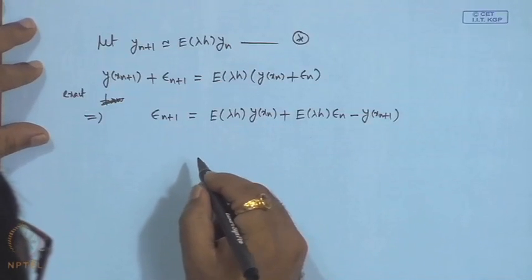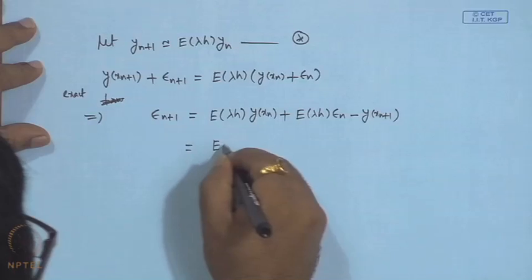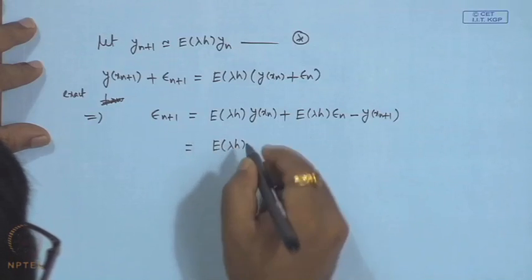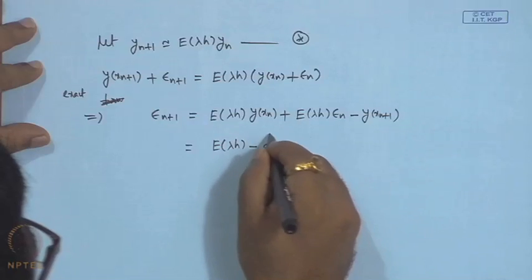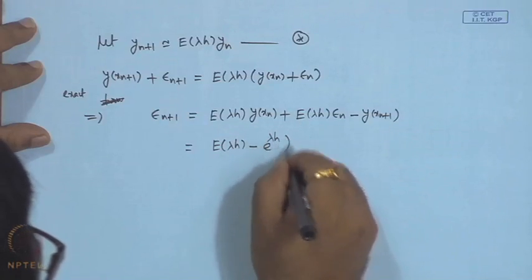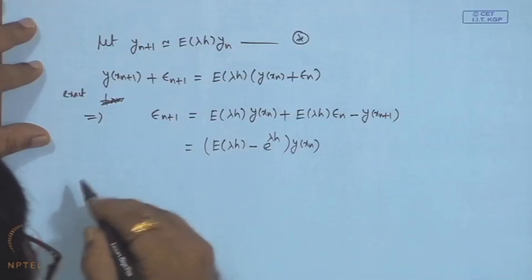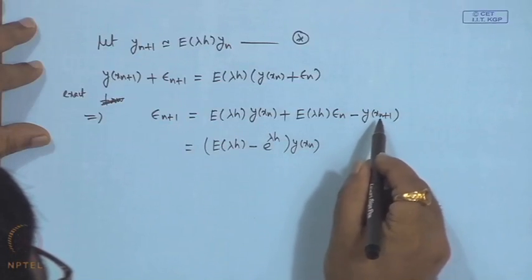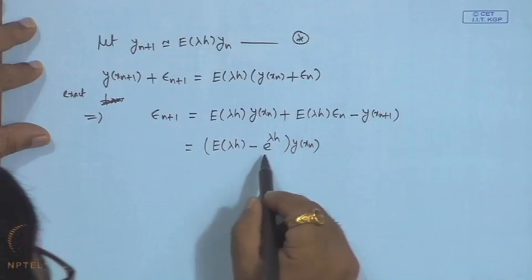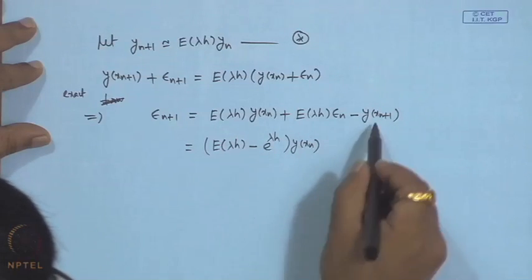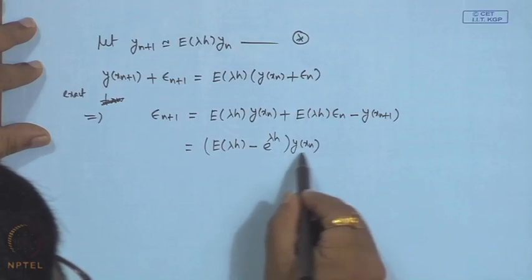Okay. So, now this is minus... how did we write this? Y of x n plus 1, the actual solution, is e power lambda h into y of x n. So, I am writing y of x n plus 1 is replaced by e power lambda h y of x n.